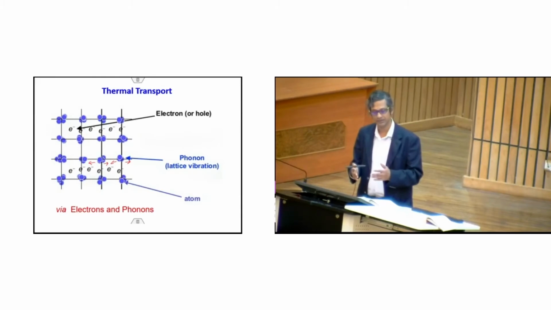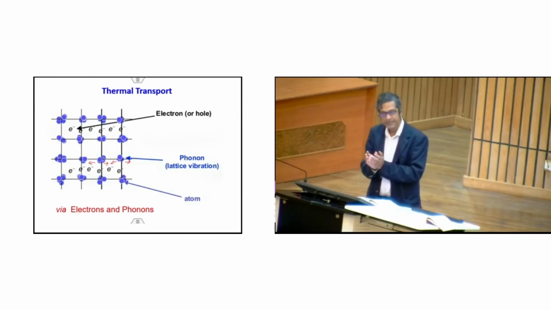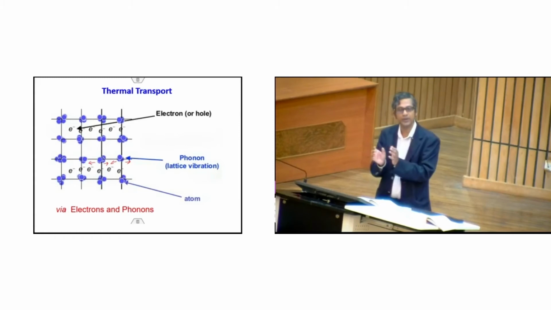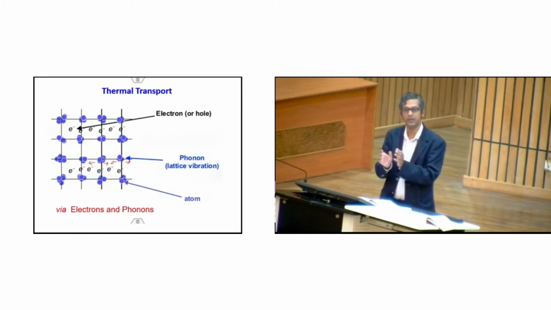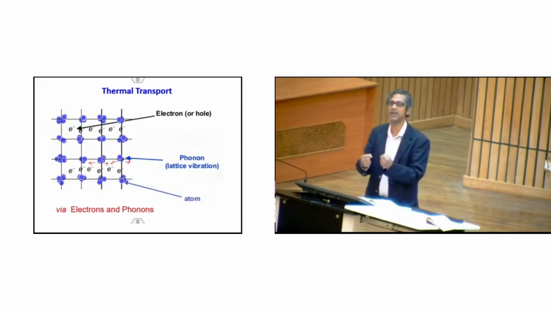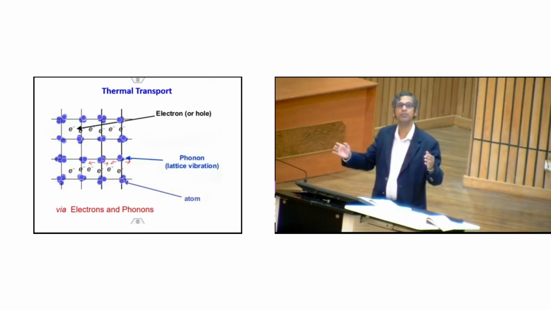Okay, am I clear? So, let me tell you again. As you heat a material, the atoms sitting at each of these lattice positions will also vibrate from the mean or equilibrium positions. As they vibrate, the atoms can push or pull each other. If they are coming close to each other, they will push, and if they are going away from each other, they will pull, right.